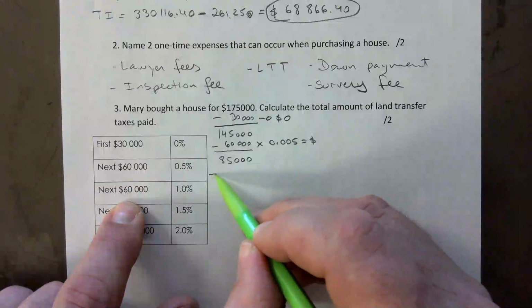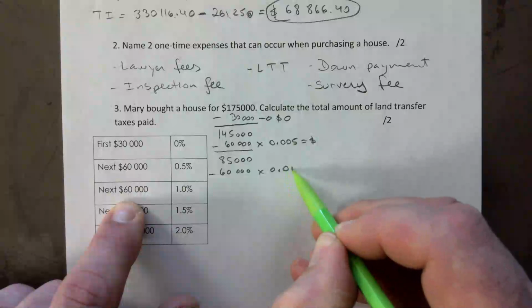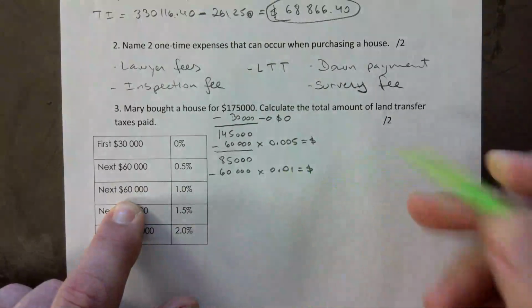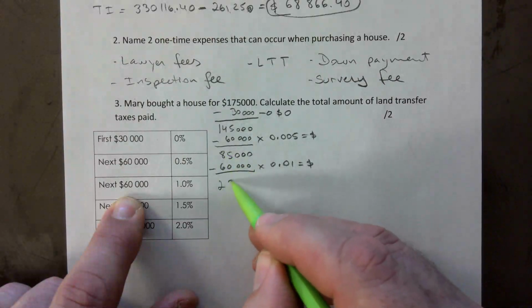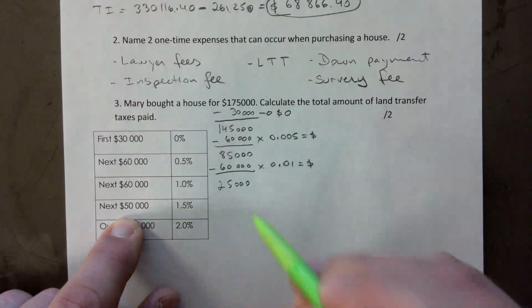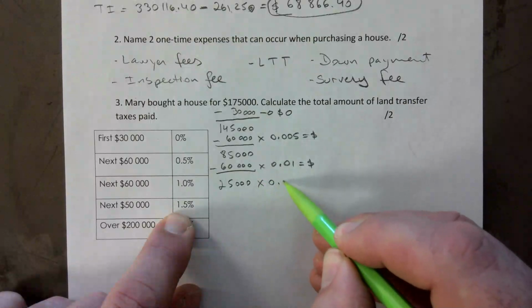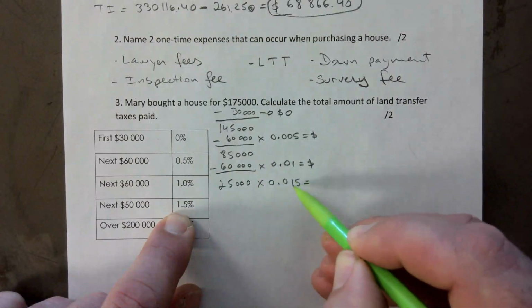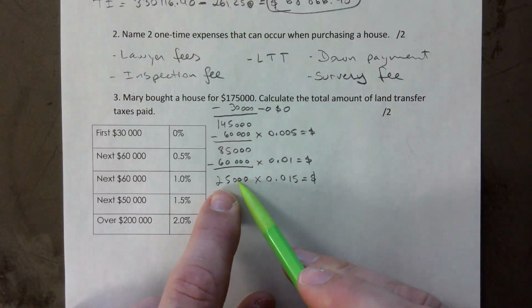The next bracket is 60,000, which I can still subtract. This is taxed 1%. We're going to figure that out in a bit. Then you're left with 25,000, and you would want to subtract 50,000, but you can't. You still use that rate though, 1.5%, to come up with the taxes for that portion.